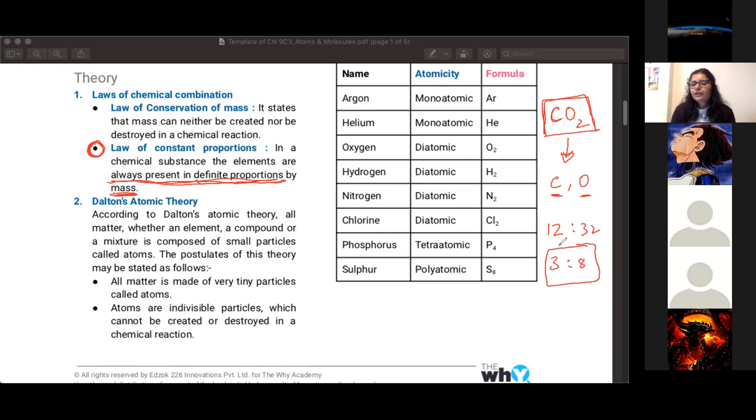Always, if you compare the weight of carbon and oxygen individually as elements, they will be present in this particular ratio.